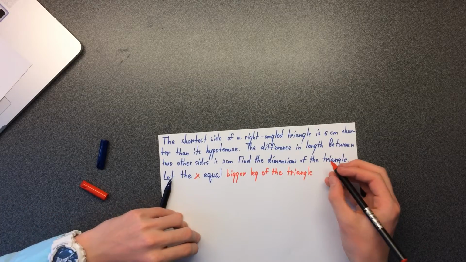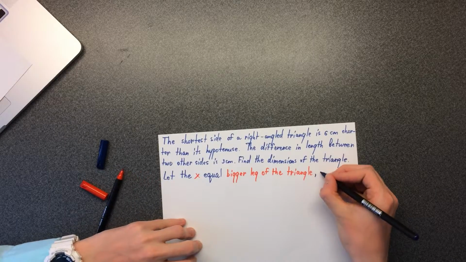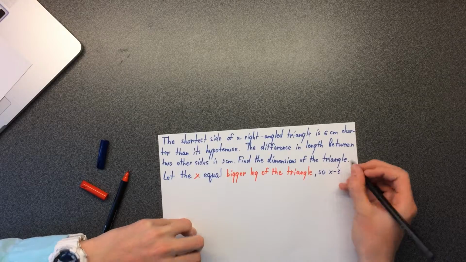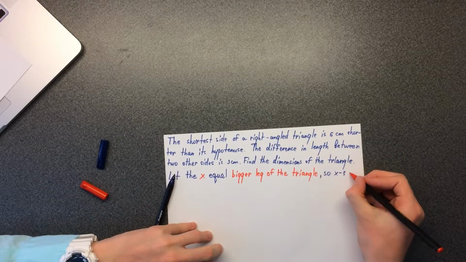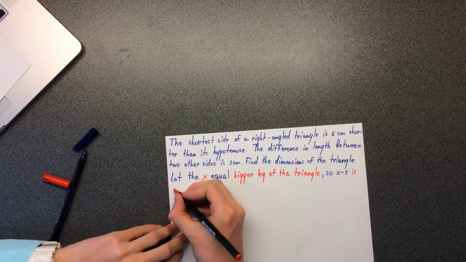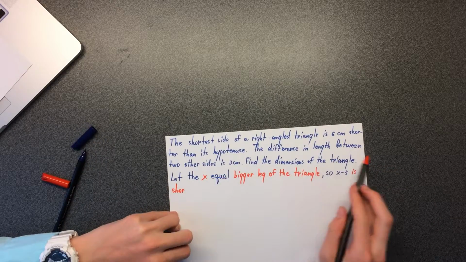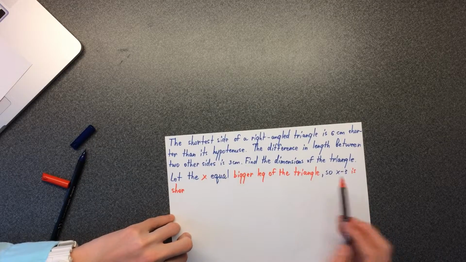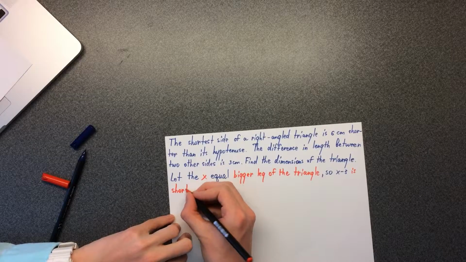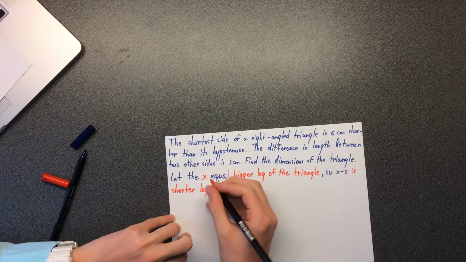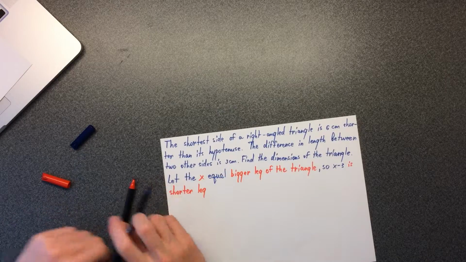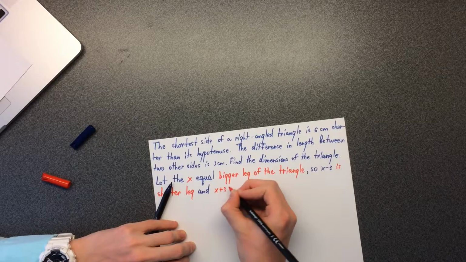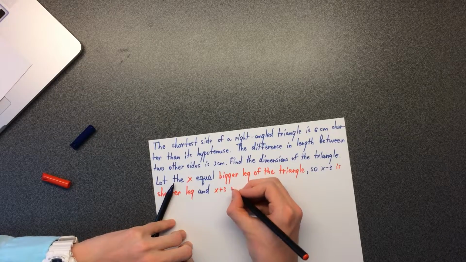Then x minus 3 is the shorter leg, because the difference between them is 3 centimeters. So we have x, which is bigger, minus 3, it will be the shorter leg. And x plus 3 is the hypotenuse.